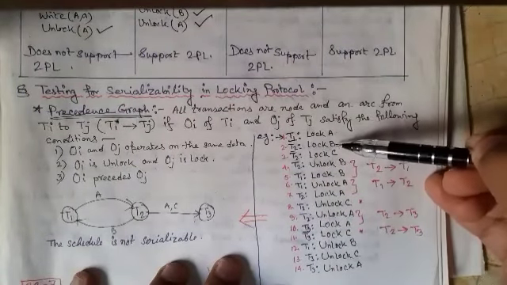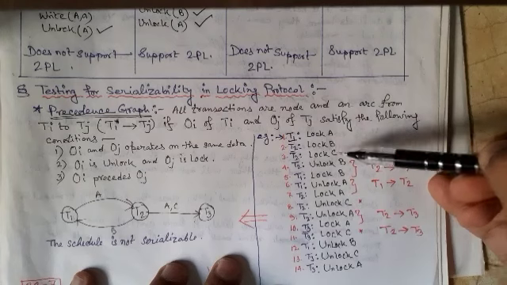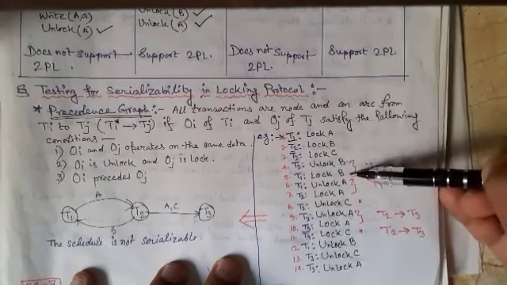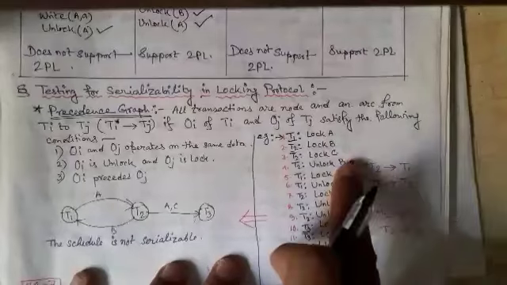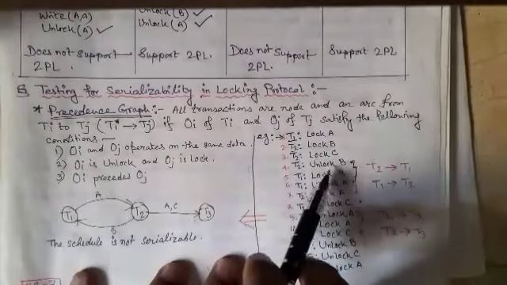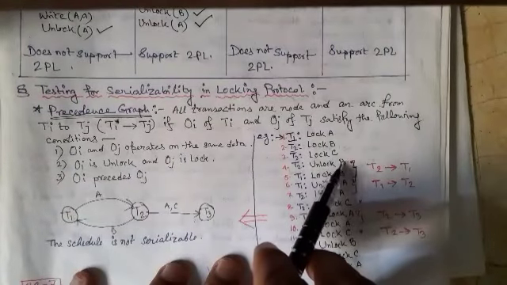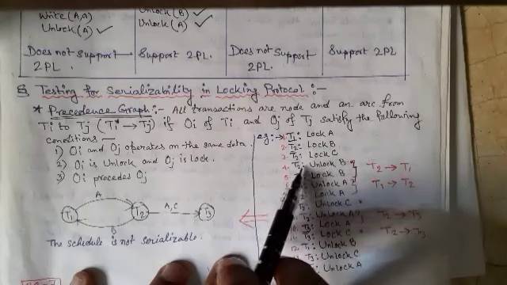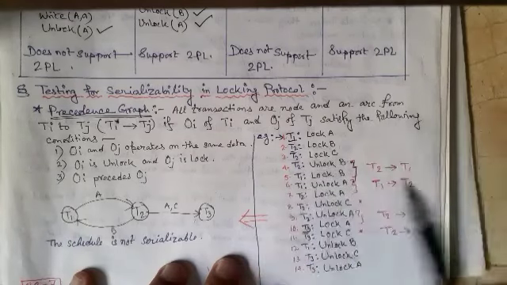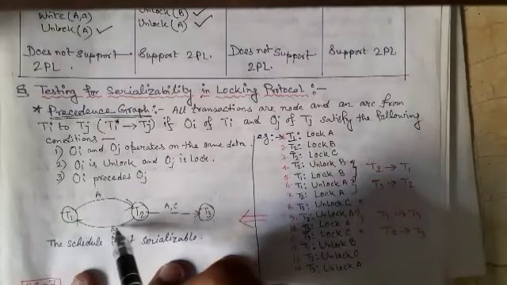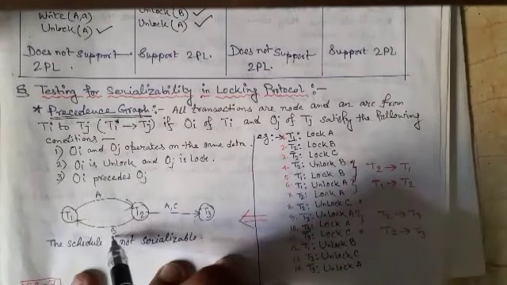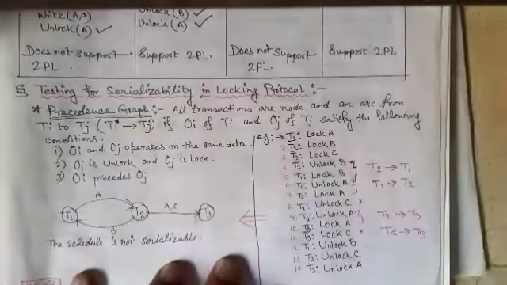Now lock A, lock B, lock C. Then unlock B, lock B. So this condition is satisfied, that is unlock of item B for T2 and lock of item B for T1. So we can write T2 arrow T1. So we give an arc from T2 to T1 with the label B, that will be the item.